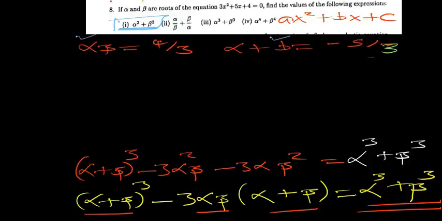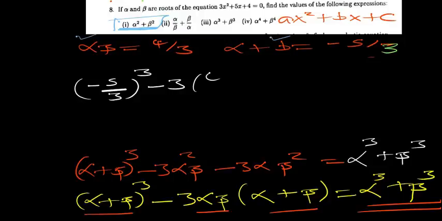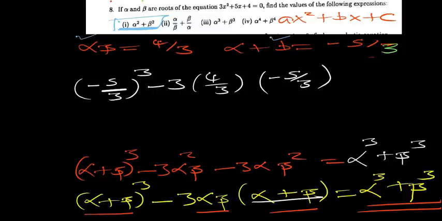So alpha beta, value there is negative 5 over 3 to the power 3 minus 3 alpha beta, which is like the product, 4 over 3. And then in the brackets, we have alpha plus beta, which is again negative 5 over 3. That's what we have. And we believe that is equal to our question of interest, alpha cubed plus beta cubed.